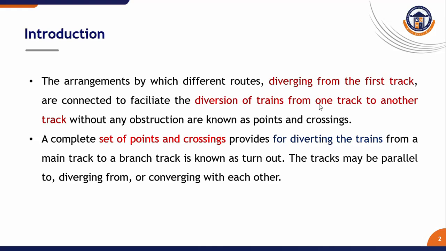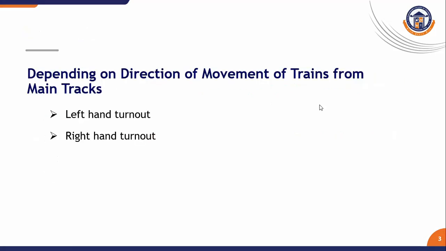A complete set of points and crossings provides for diverting the trains from a main track to a branch track, which is known as turnout. The tracks may be parallel to, diverging from, or converging with each other. Depending on the direction of movements, trains from main tracks take a left hand turnout or right hand turnout.